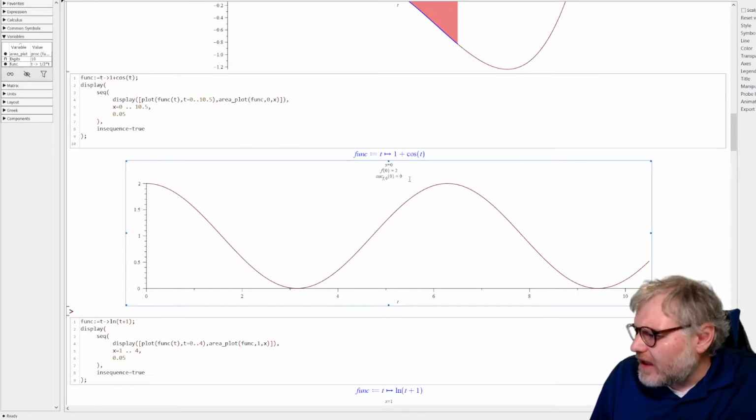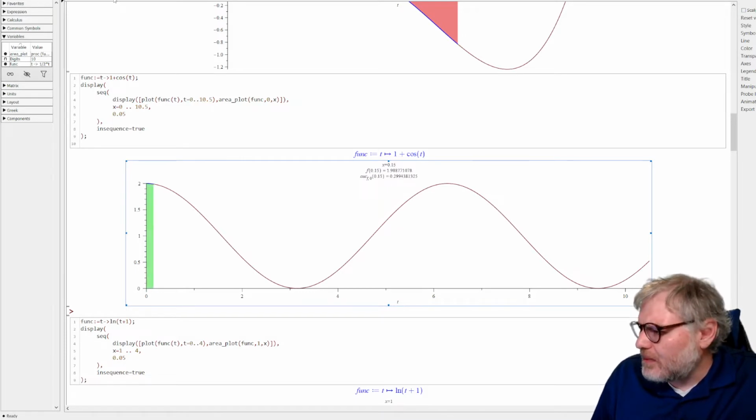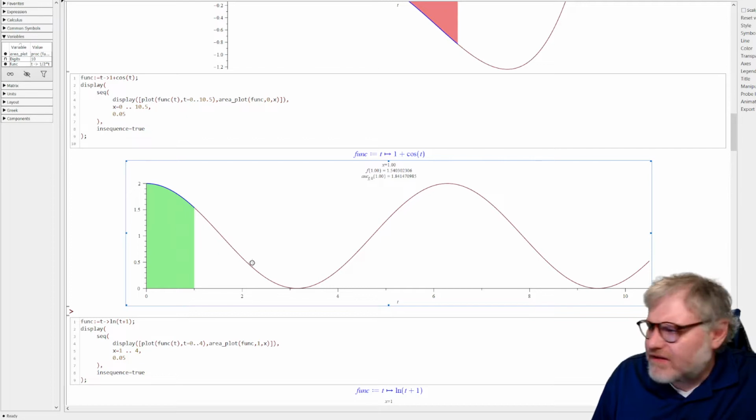Here, I'm starting at 0. 0 is my base point, and you'll notice that f of 0 is 2. But the area under the curve from the base point 0 to the top point 0 is 0, right? I've got no width.